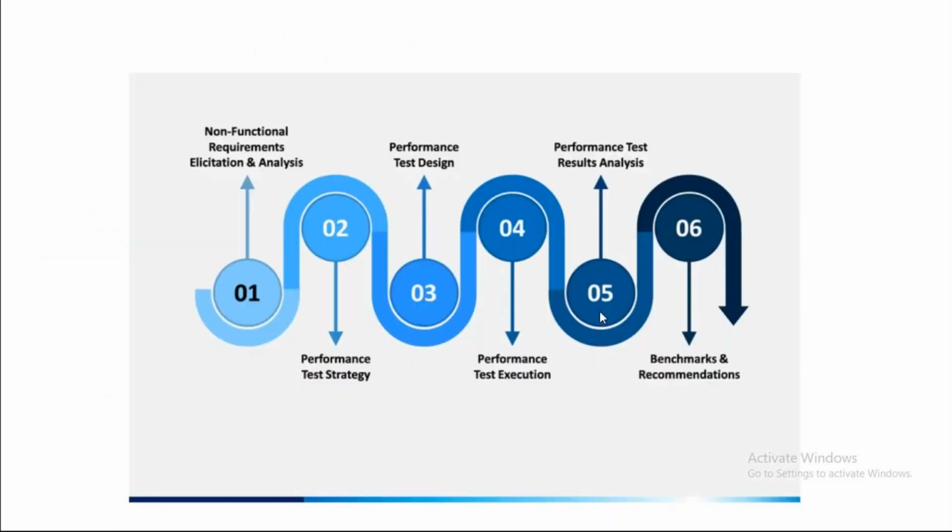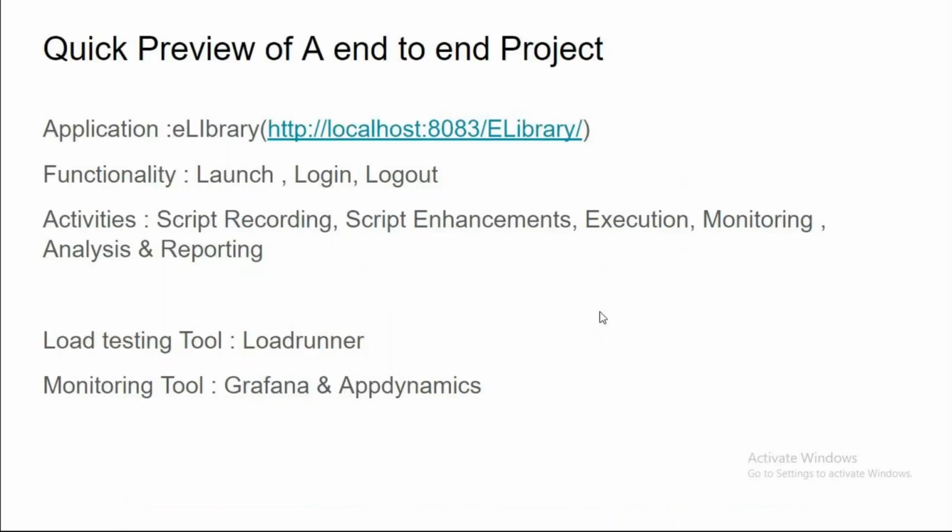The application that I am going to use here is an e-library application, for which I am going to do the performance testing. The functionality is just launching the application, logging in and logging out. A very simple flow.